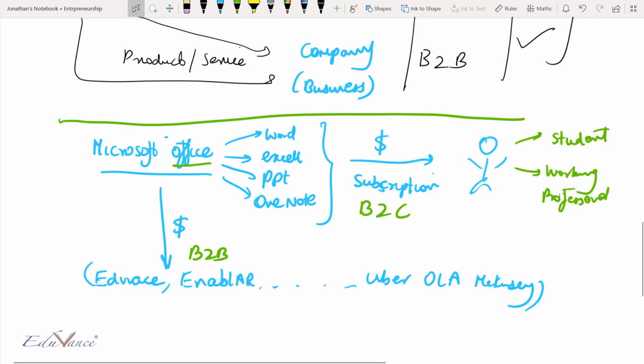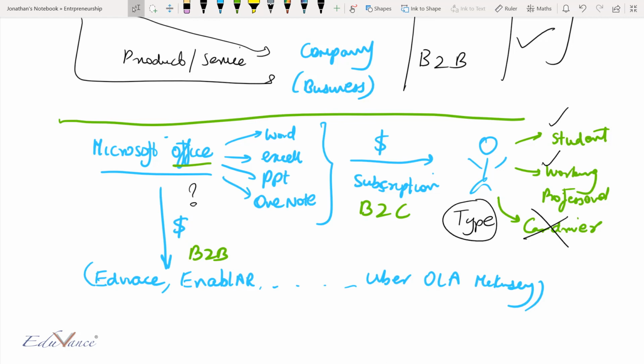So let us say if you're a car driver, a guy who only drives cars every day, do you think you would use Microsoft Office? The answer is no. If you're a student, you will use. If you're a working professional, you would use Microsoft Office. But if you're a car driver, you wouldn't. So it is very important, as I said, for you to understand the type of your customer.